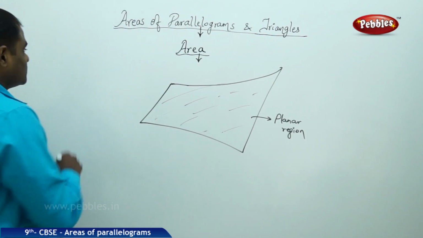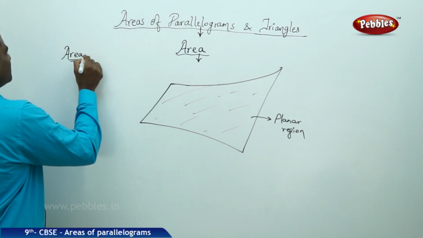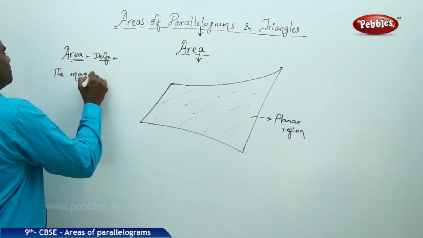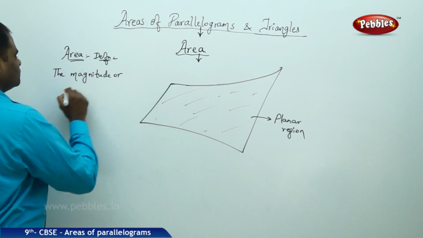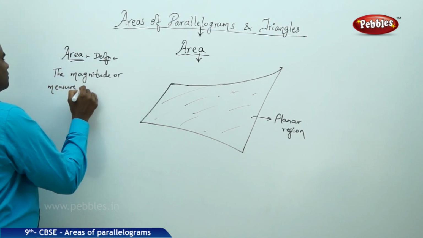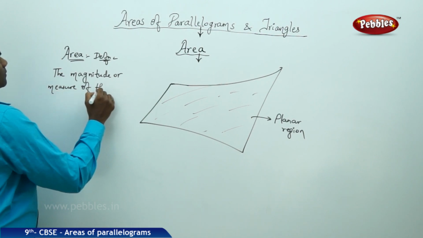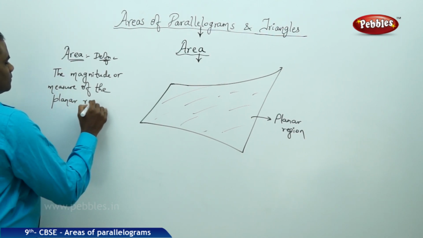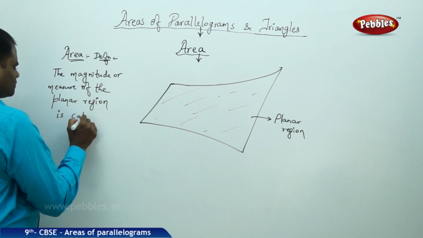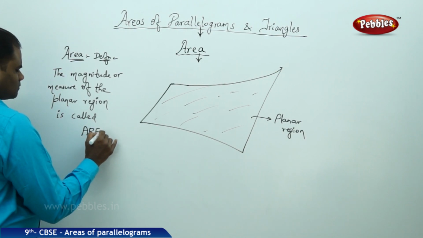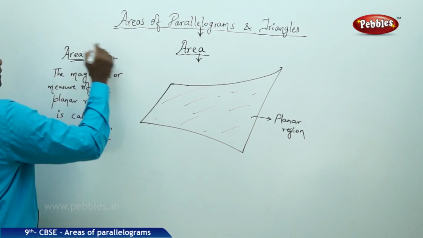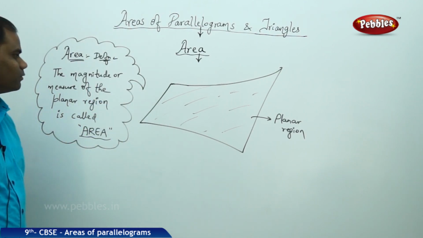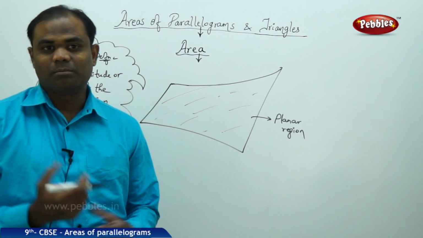So in simple manners, area is defined as the magnitude or measure of the planar region. That is called area.